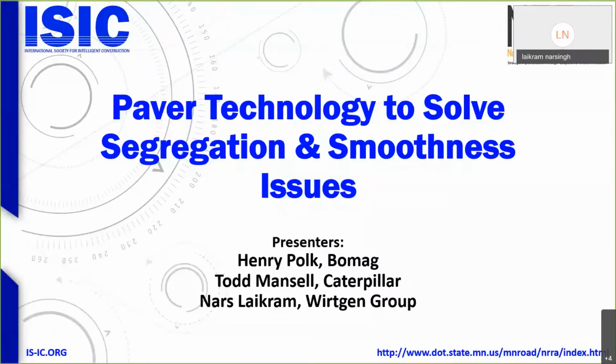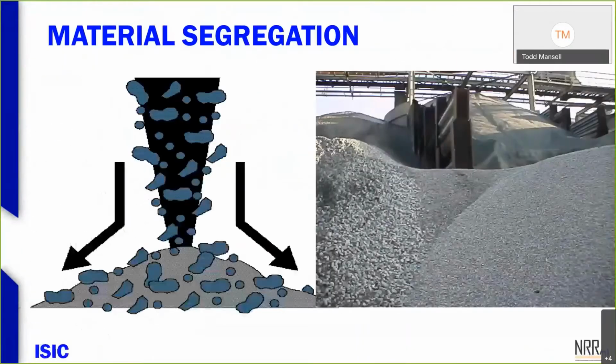So we talk about solving segregation and smoothness issues. Quickly to start off, let's define those topics. One thing we've got is what we call material segregation. When we talk about that, we're talking about the aggregate as it relates to paving and hot mix in today's session.